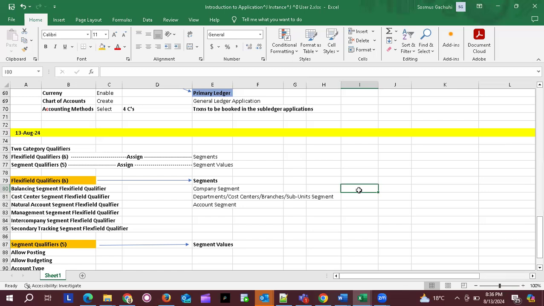Or rather, if you assign the balancing segment Flexfield qualifier to the account segment, it means the balancing segment for that company will be the account segment. So you can say the balancing segment for that company is the segment to which the balancing segment Flexfield qualifier has been assigned. Am I making it clear?